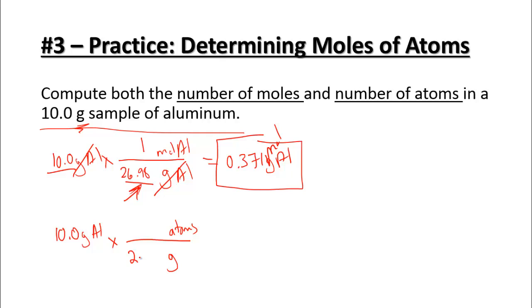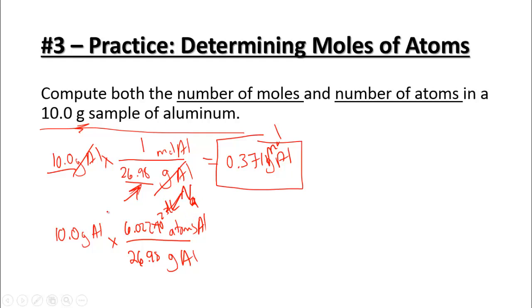When you have 26.98 grams of aluminum, that represents having 6.02 times 10 to the 23rd atoms of aluminum. And just a quick reminder that this number here is referred to as Avogadro's number, since he's kind of the guy who started the work on trying to find that number. And it's capital N, lowercase a like this. That's another symbol you can use for that number in case you get sick of writing it.